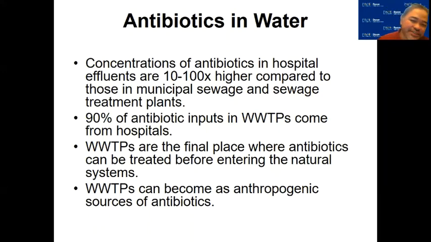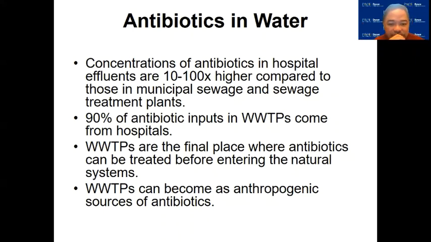Their effluents are 10 to 1,000 times higher compared to those in municipal sewage and sewage treatment plants. But unfortunately, I don't think we treat the hospital waste in our country. Some of them just go to the bodies of water. So that's going to be problematic.